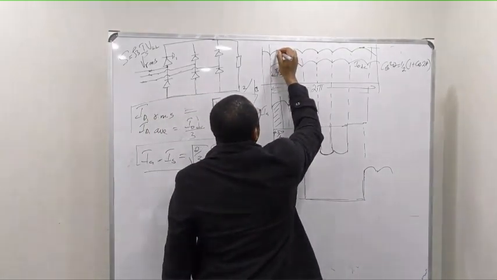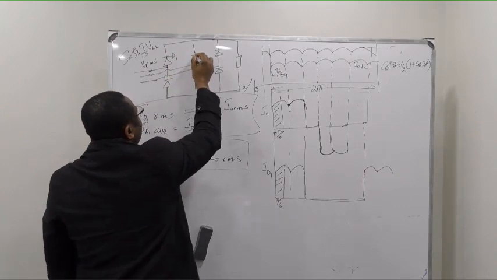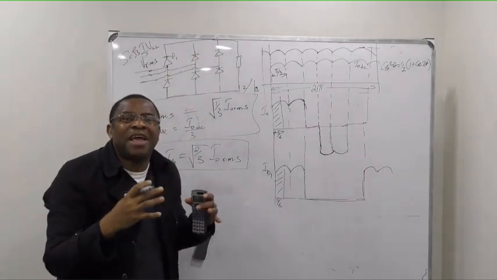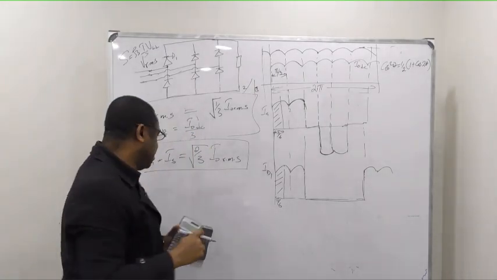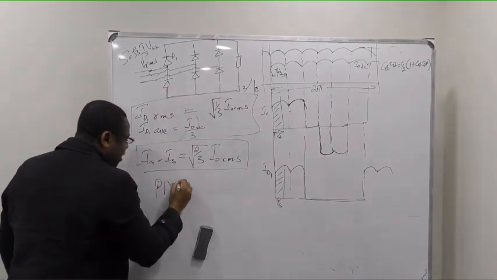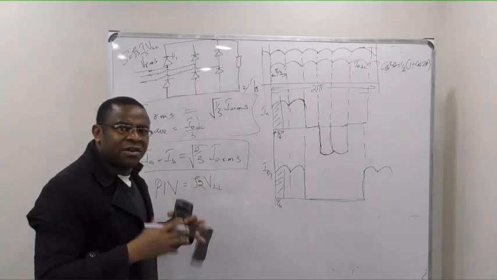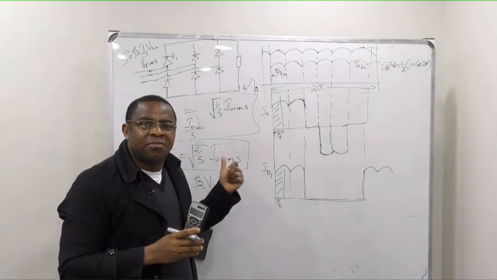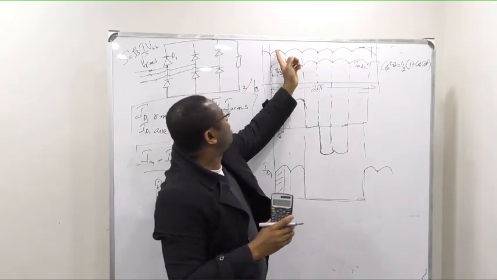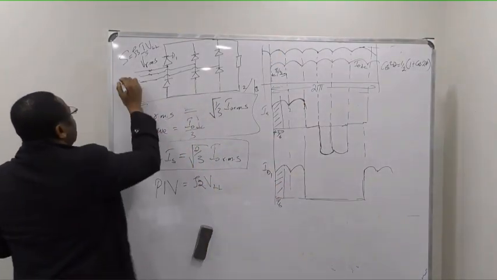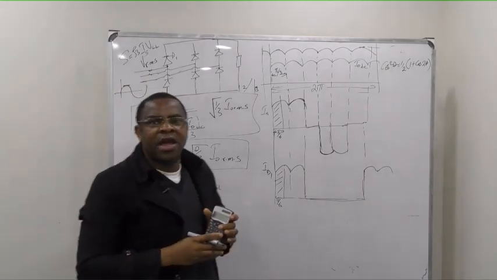When any of these diodes are not conducting, they should be able to withstand the peak voltage. That's what we call peak inverse voltage, which is √2 VLL. When a diode is reverse biased, it should be able to block that amount of voltage, the peak of the RMS value of the AC signal. Did you get that?